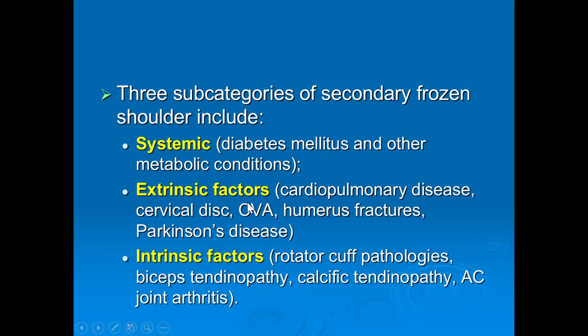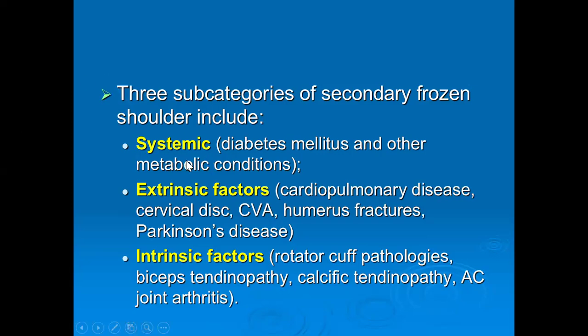And if the etiological factor is outside the shoulder, maybe related to some mechanical tissue related to the cervical spine, the thoracic, you can say the cardiothoracic region, or from any neurological condition like stroke, or from a fracture of the humerus bone, especially the hip, and in Parkinson disease, these are called extrinsic factors.